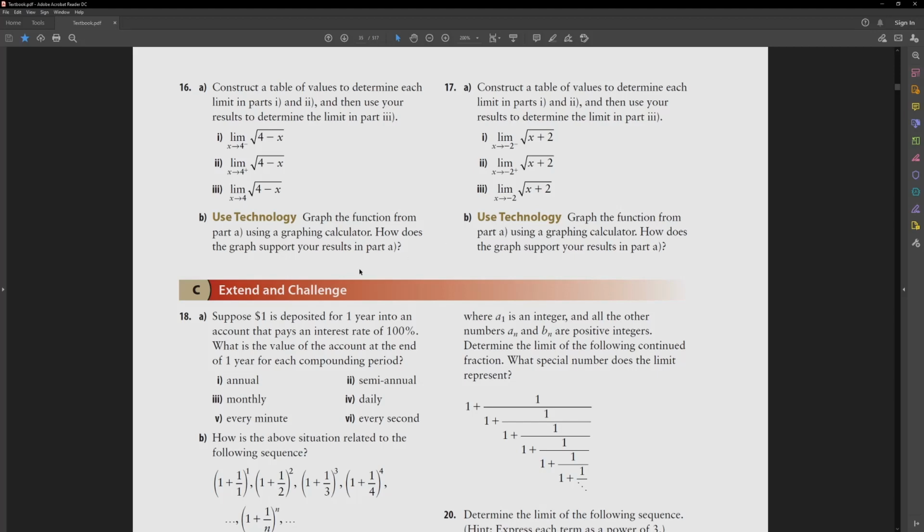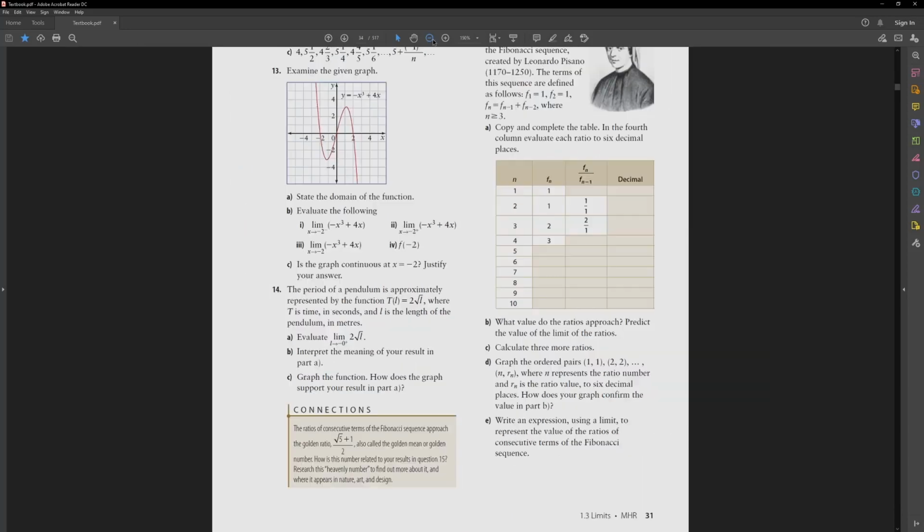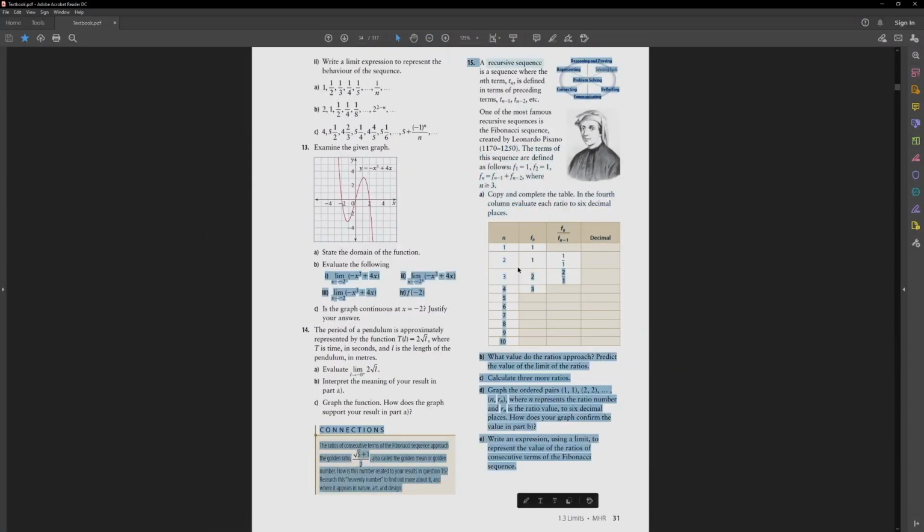Also, if you really want to learn more, I'd suggest doing question 15. As you can see, it is half the page, but it's pretty fun. All you have to do is fill out this chart, then you have to understand what the values are approaching. This number you might have heard of, you might have not, which is why I didn't assign it.